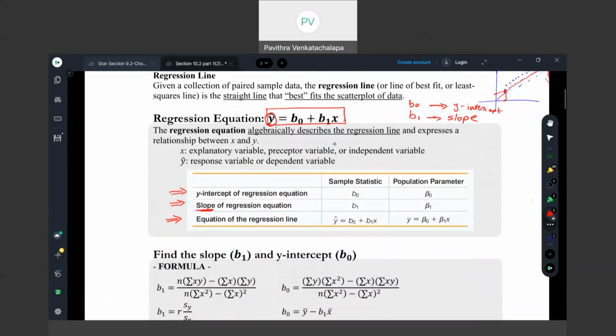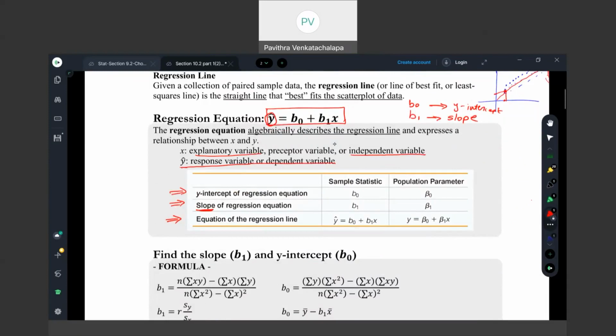Now here, x is called the explanatory variable, or we call that the independent variable also, and ŷ is called the response variable or dependent variable, because ŷ depends on x. x is not depending on y, but ŷ is depending on x.